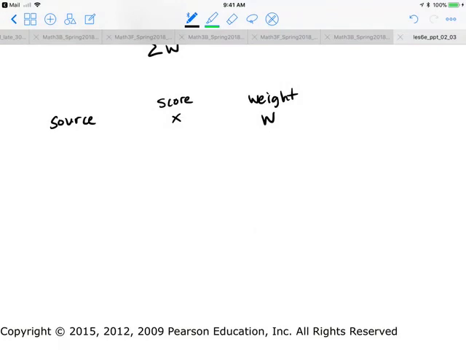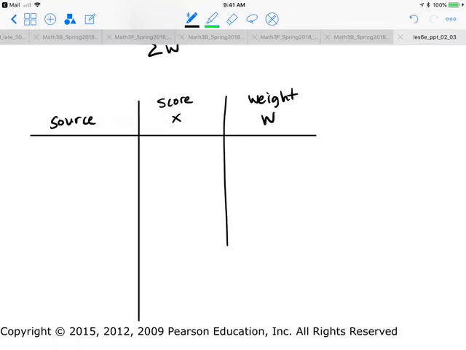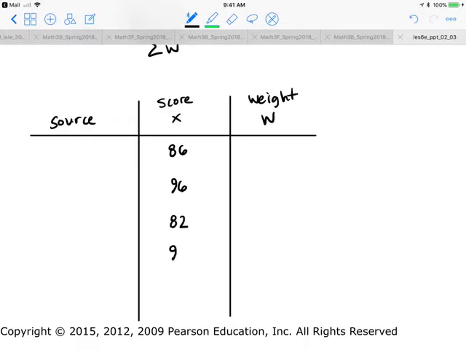So we can make a little table here. So now what are the components for the grade? Okay. We can just put our scores here. So the scores that we were given: 86, a 96, an 82, a 98, and 100 on the homework.